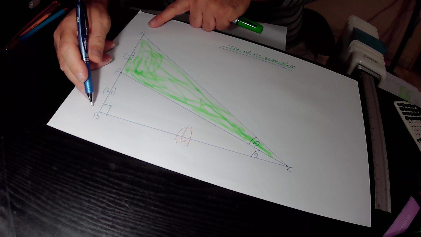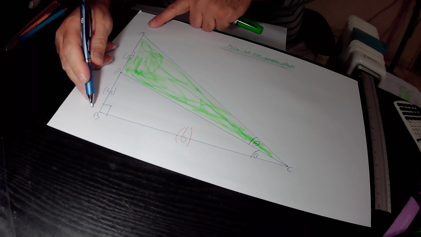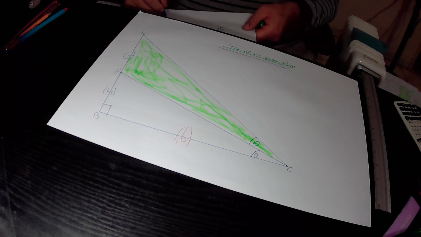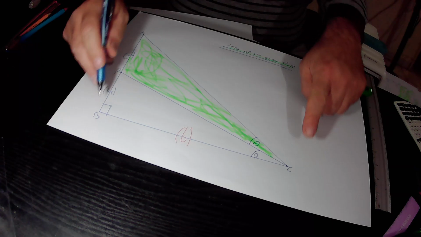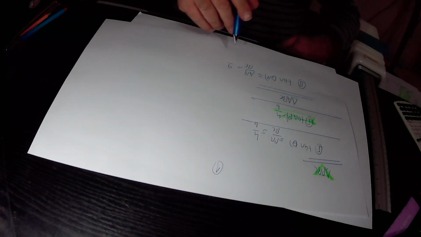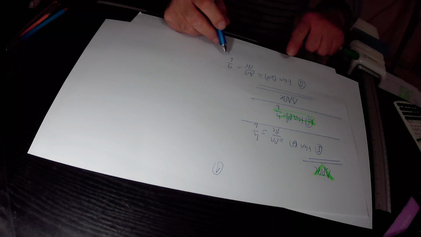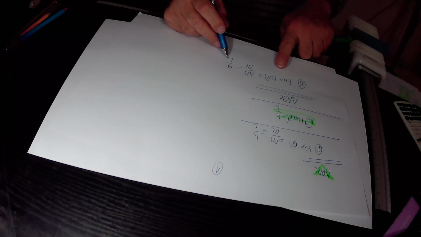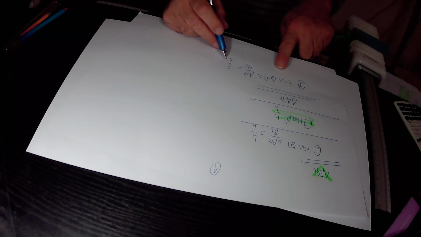AB in total equals 5 plus 4, that is 9, over BC. BC equals b according to our definition. So in total we found that tangent 2 theta equals 9 over b.